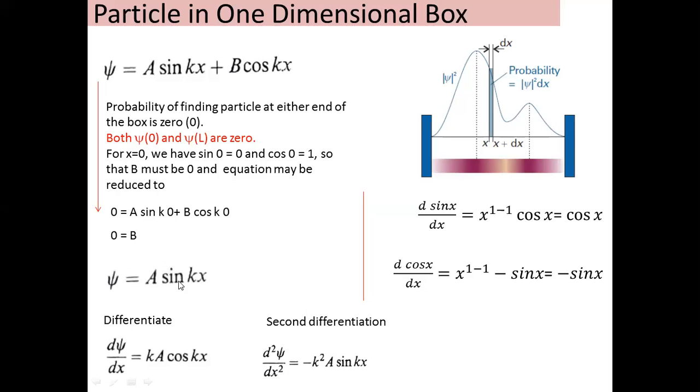So psi is equal to a sine kx. This is the unsolved equation, and when you put the values of a and k after solving, you will be able to calculate the psi function, or the wave function, with the exact parameters, and then you can calculate the amplitude of the wave by using this equation.